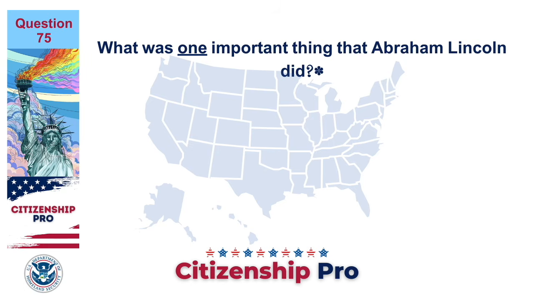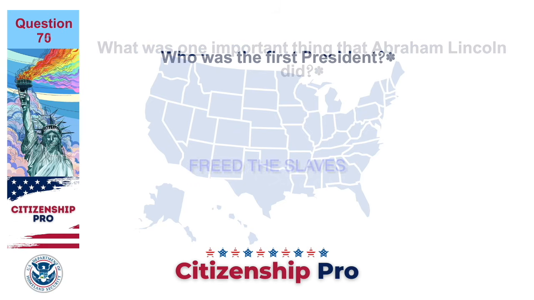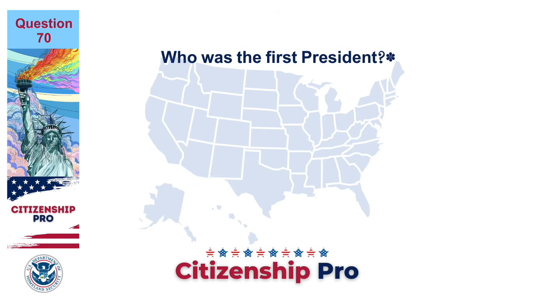What was one important thing that Abraham Lincoln did? Freed the slaves. Who was the first president? George Washington.